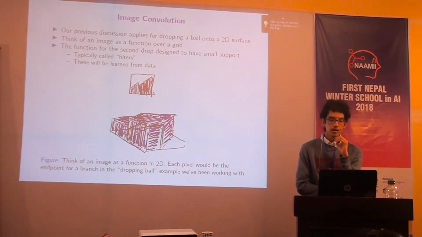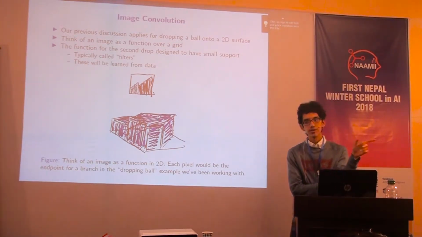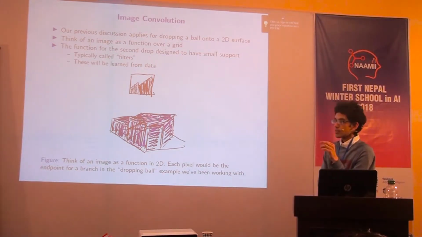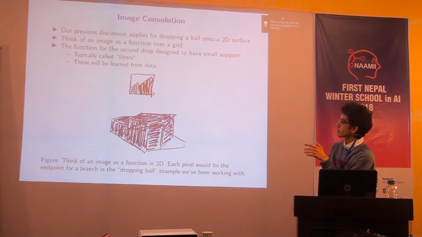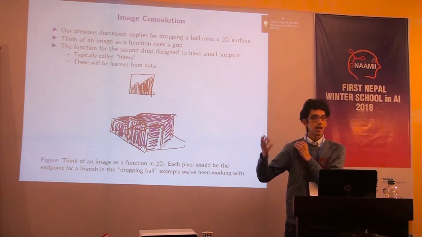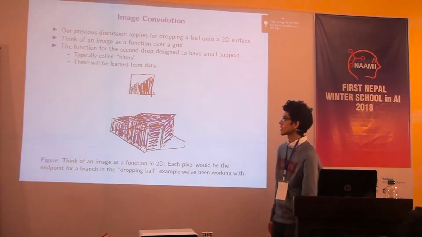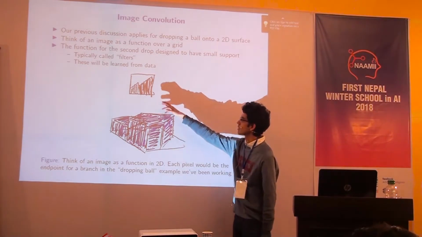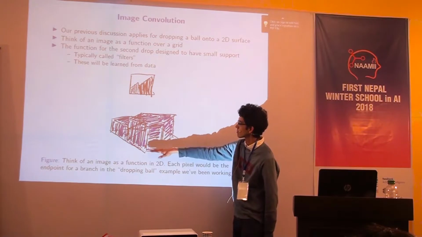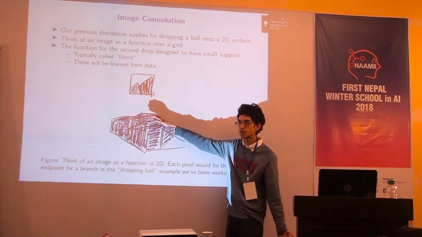Okay. And then thinking about image convolutions, as opposed to the 1D sequences we were doing, how do I think about an image? I think of it as just a function on a grid. If I saw a picture of mountains, and maybe this one is a little bit darker than the first one, I just raise the value of that whole part of the image relative to the rest.